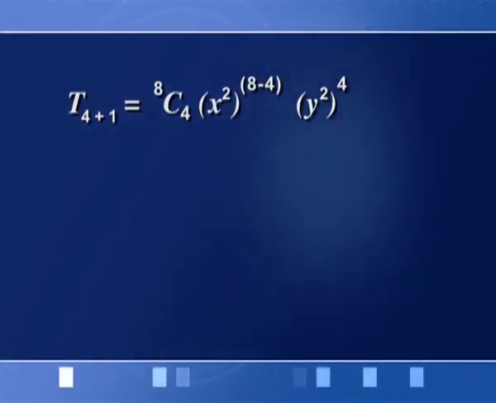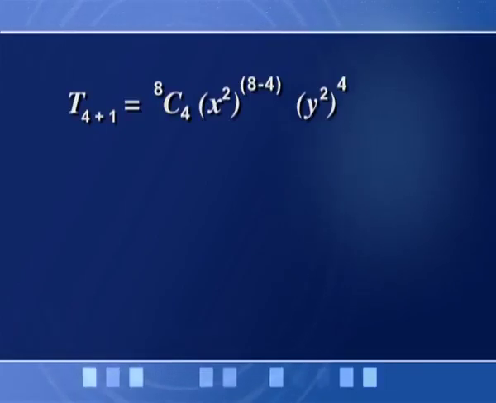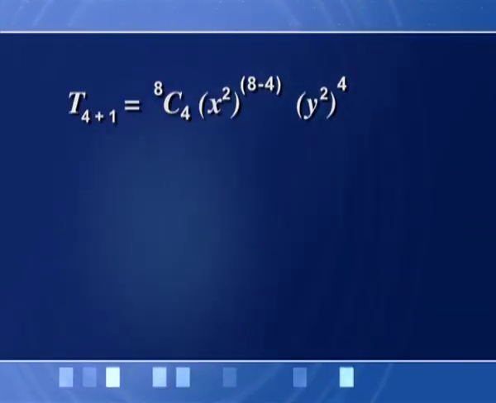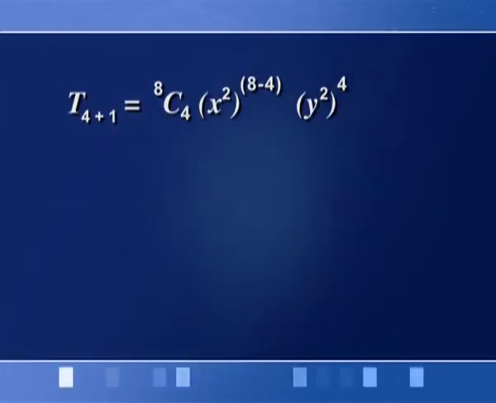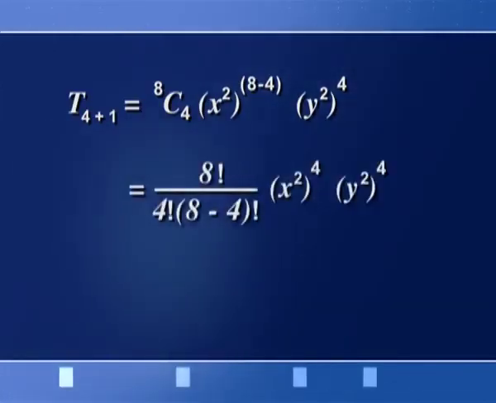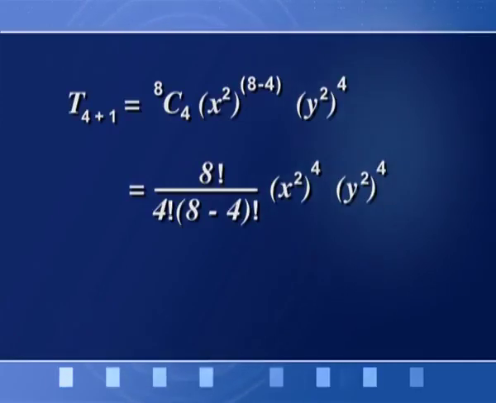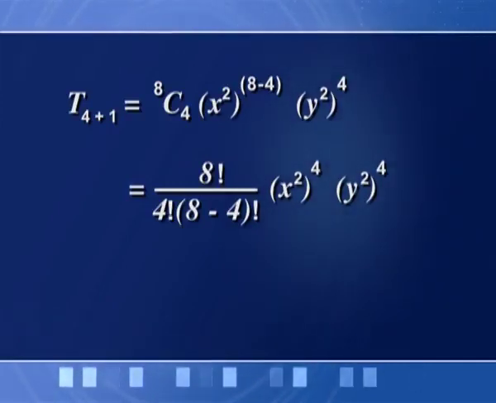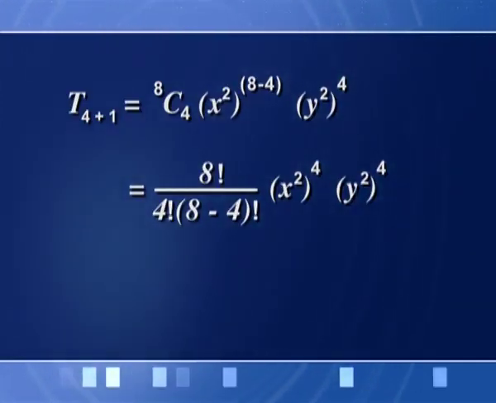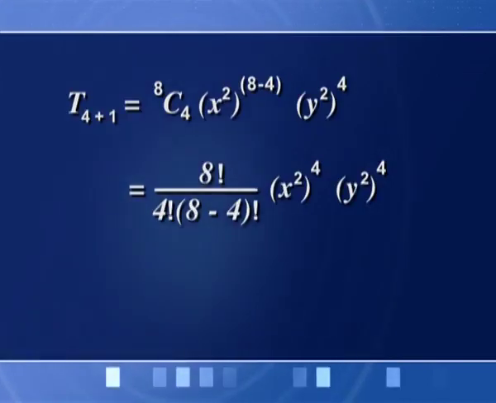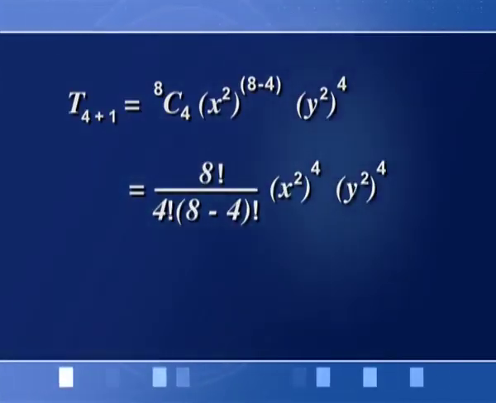8C4, x square raised to the power 8 minus 4, y square raised to the power 4, which will be 8 factorial divided by 4 factorial into (8 minus 4) factorial. This (8 minus 4) factorial is in the denominator.